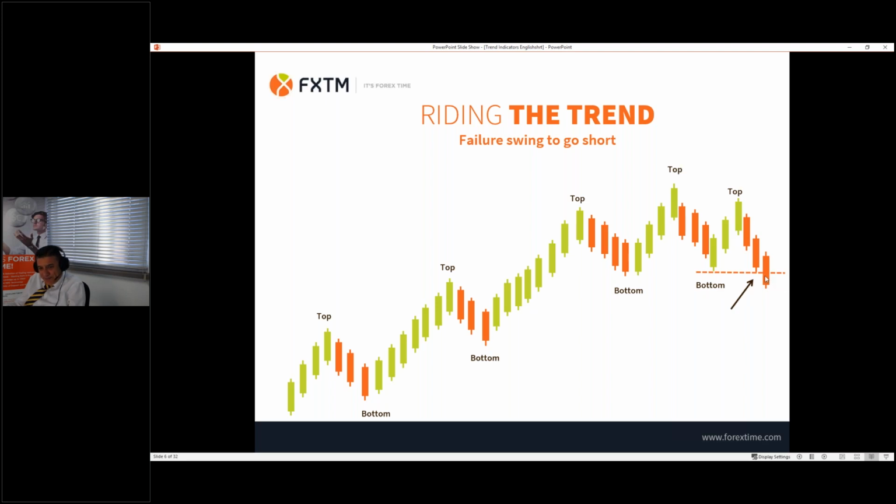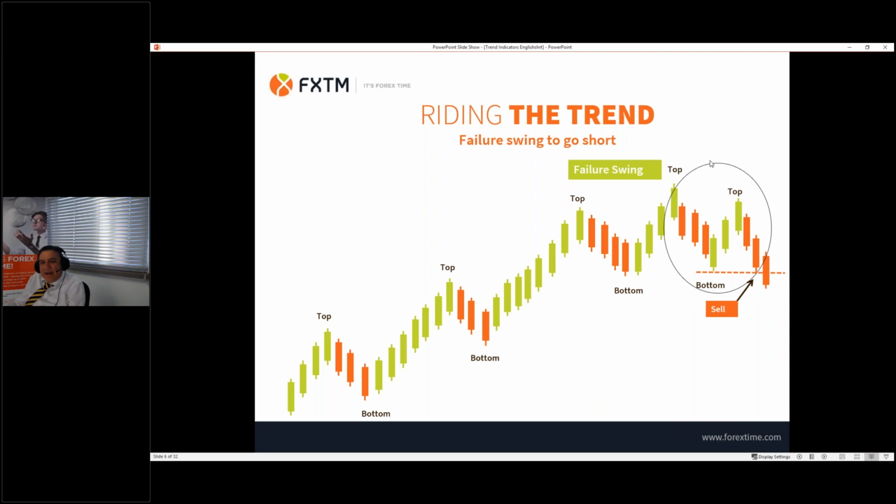So right here, it's the end of the uptrend and the very early beginning of a new downtrend. We would like to enter here with a sell position, but it would be very nice if we had one or two confirmations from oscillators, right? And this is, of course, what we are going to learn today.